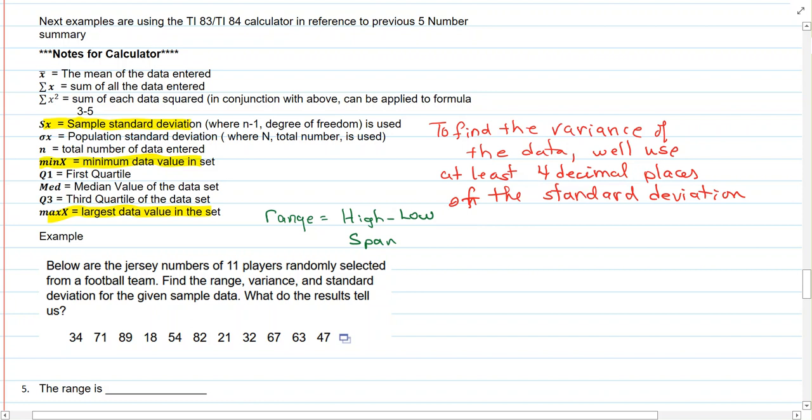We know that standard deviation is s for sample and sigma if it's a population.